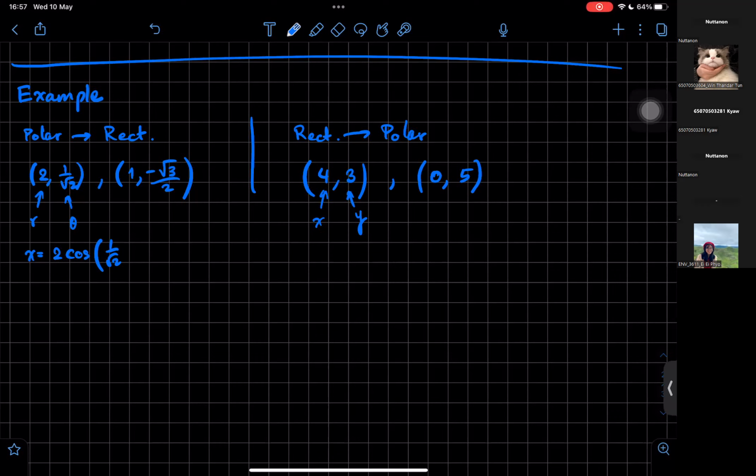Sorry for that, but you can just write it like this. y will be 2 sine. At first I tried to give you the nice angle. I already calculated that, I wrote it. And another one will be x equal to cos of minus 3/2, like this.